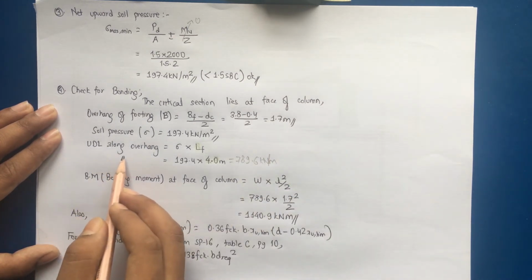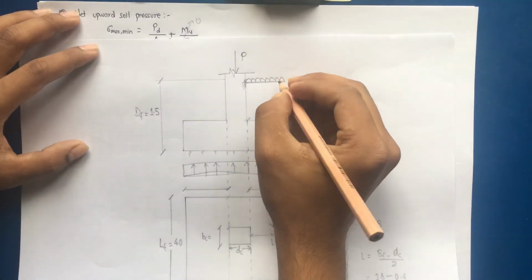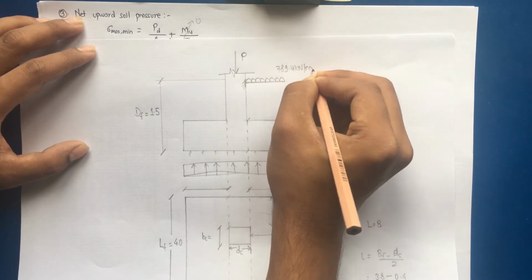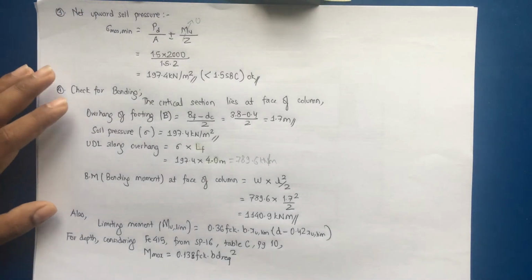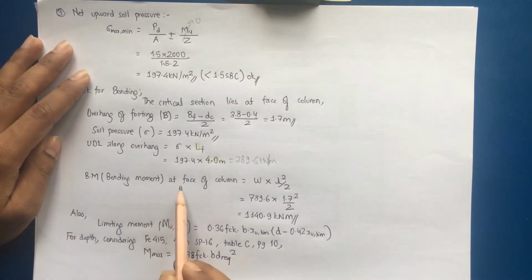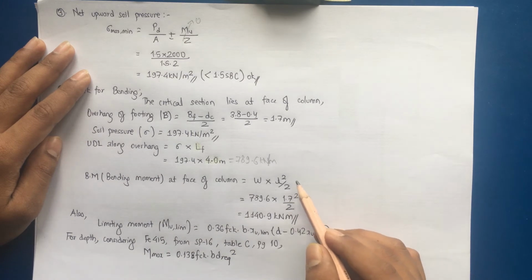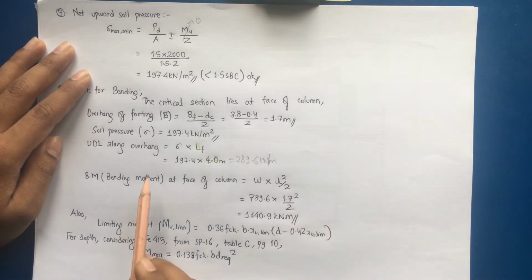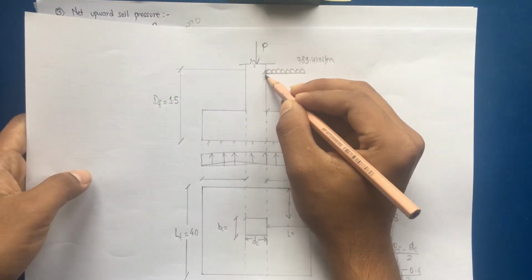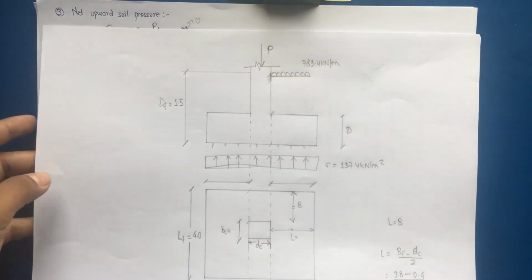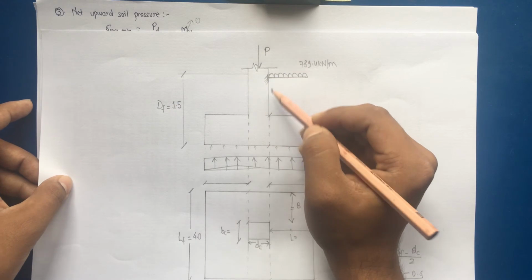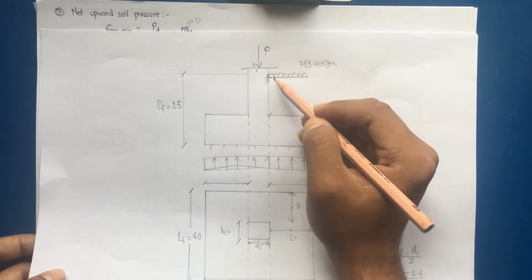So this is the UDL along the overhang, the value of the UDL is 789.6 kilonewton per meter. Now for UDL we have bending moment equal to WL square by 2. This is the basic formula for bending moment at the fixed support of the cantilever projection, the fixed end being the face of the column. So we are trying to find the moment at the face of the column.